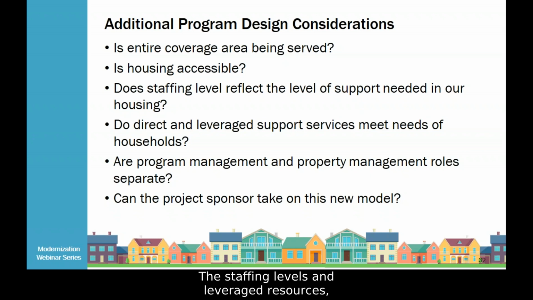The staffing levels and leveraged resources. As you design any program, you're really going to want to think about what staffing levels you need to meet those needs, and what resources you have to pay for the staff. You want to make sure that you have the infrastructure.